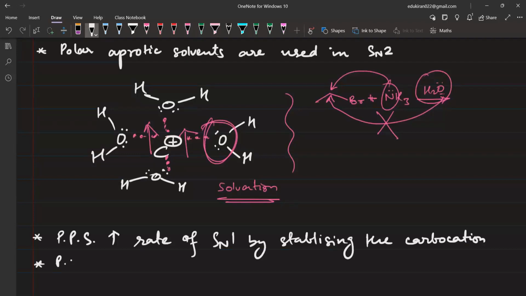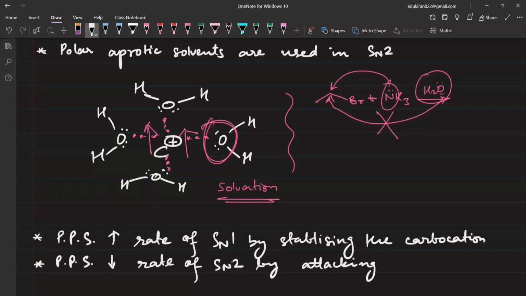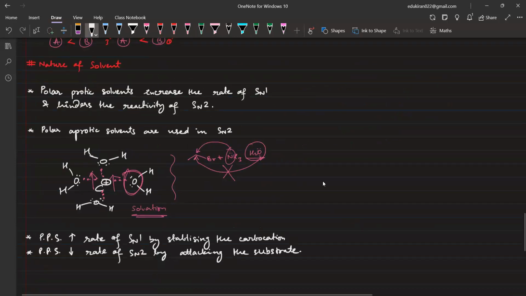Then you will write: polar protic solvent hinders, or rather decreases, the rate of SN2 by attacking the substrate. Please write this whole thing down. You don't need to write the part where I'm explaining, but write the 4 points.